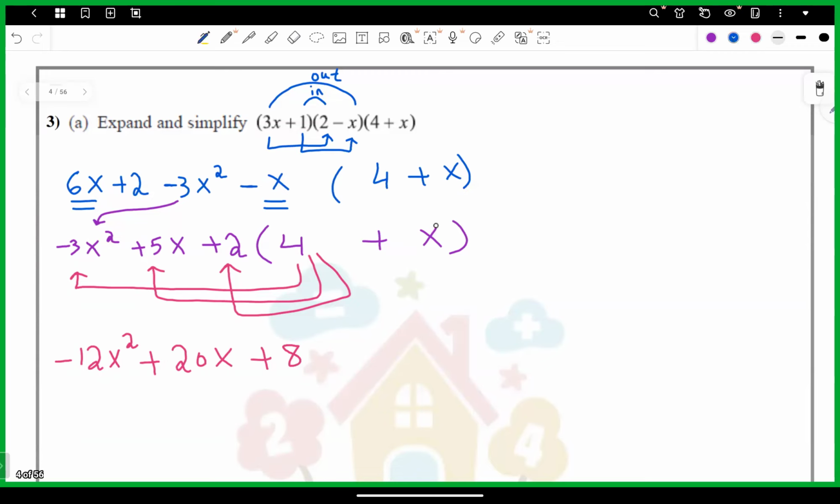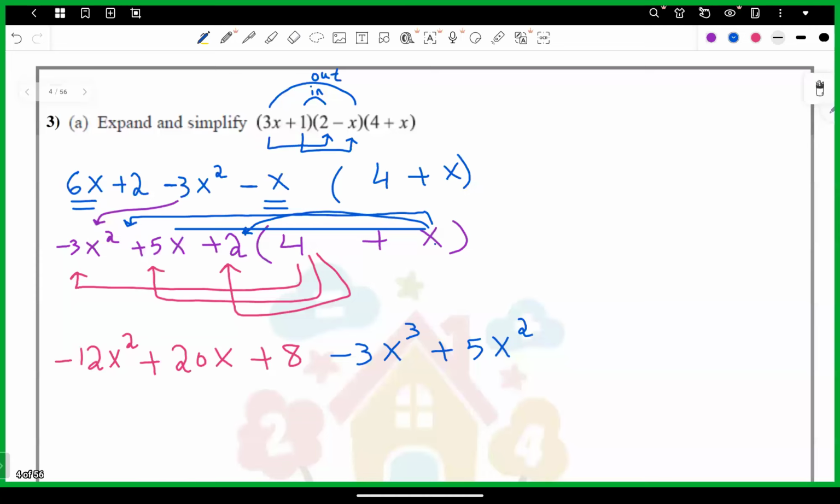After that, I need to multiply x by minus 3x squared, x by 5x, and x by 2. x by minus 3x squared equals minus 3x to the power of 3. x by 5x equals 5x squared, and 2 by x equals 2x.